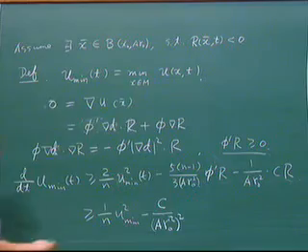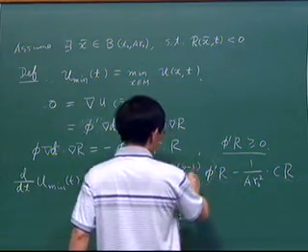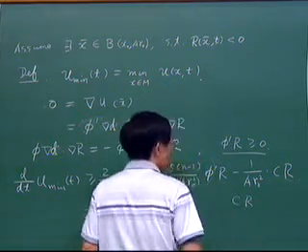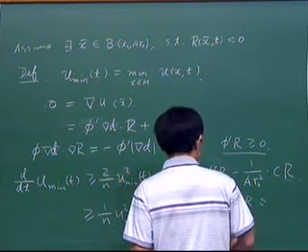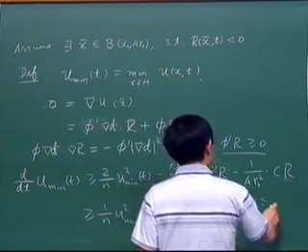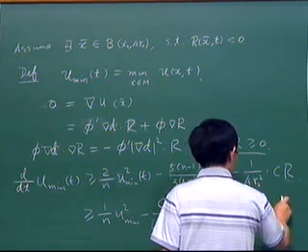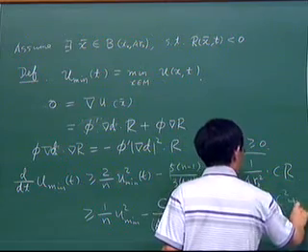If we put R somewhere, and you have a constant here. This is a constant. So we have phi here, and then we have less than or equal to c square plus r square.